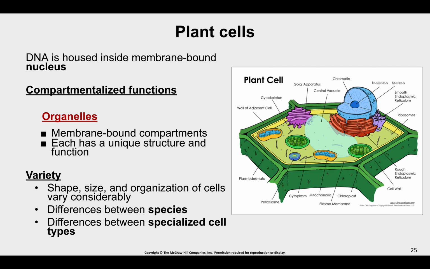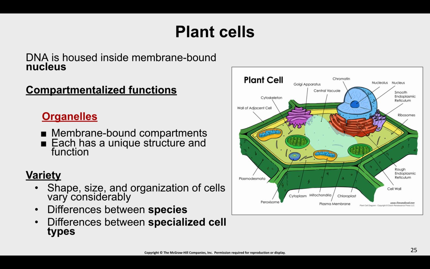So organelles, maybe you've heard of mitochondria. That's often one that people remember as the powerhouse of the cell. We might have things like the Golgi apparatus or the peroxisome. Again, we're not going to define those individually. But if we look at plant cells themselves, and we'll talk about this in a bit too, there's a variety to them.